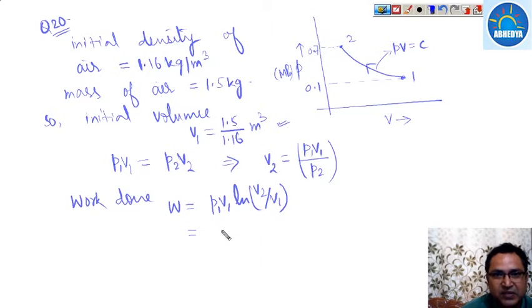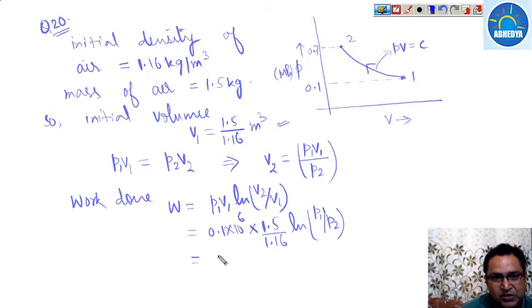So what is the value of P1? 0.1 megapascal into 10 raised to the power 6, into V1, which is 1.5 divided by 1.16, ln V2 upon V1. V2 upon V1 is nothing but P1 upon P2. P1 is 0.1 and P2 is 0.7, so this is 1 upon 7.